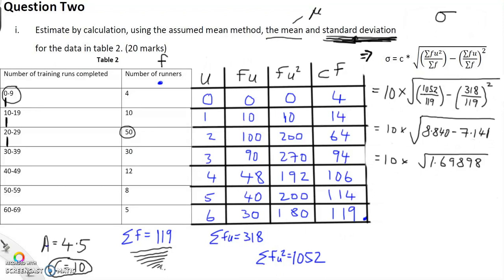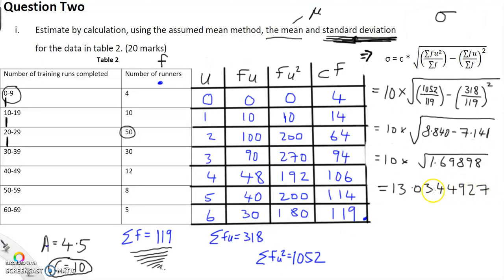10 multiplied by, use the square root key, fill in the number underneath if you like. And what did I get on my calculator? I got 13.0344927.